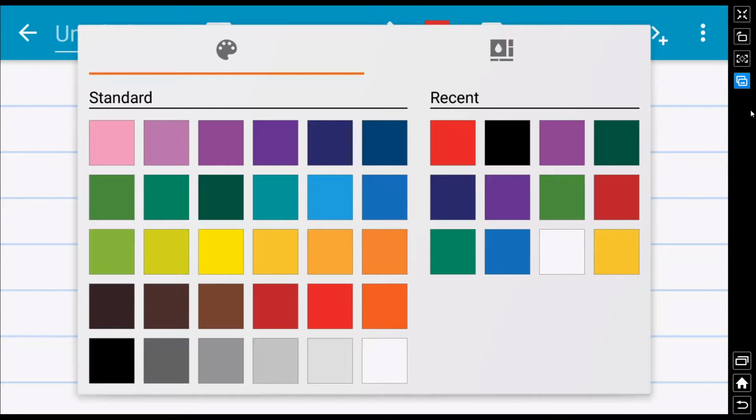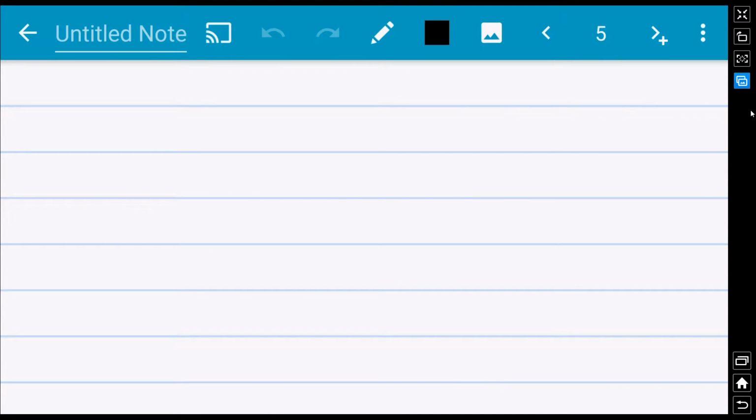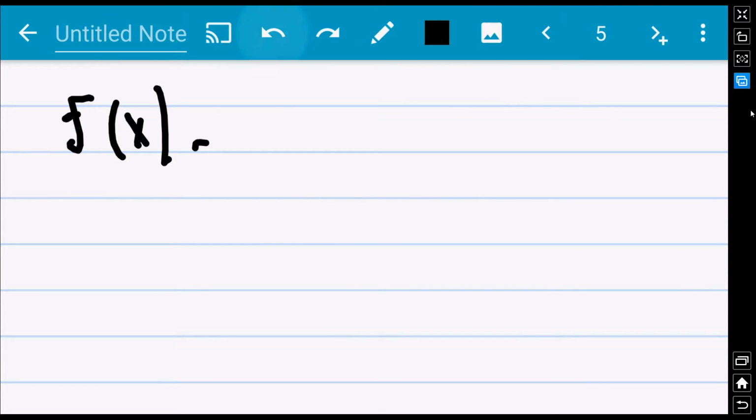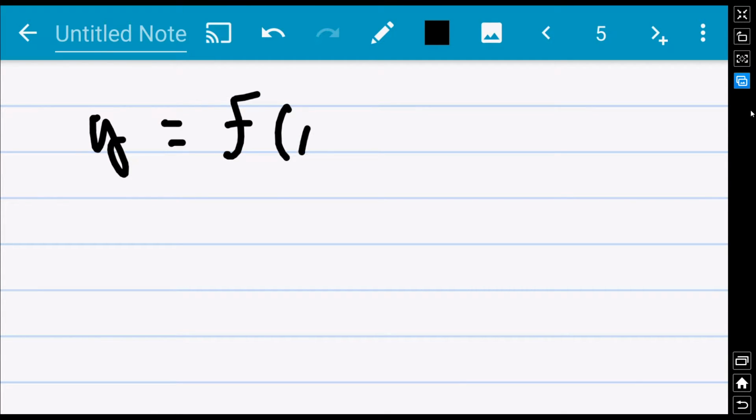Now let's move on to the product rule. The product rule pretty much tells us that if we have, actually I will rephrase that, y equals f of x times g of x.